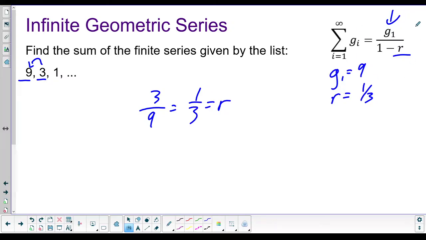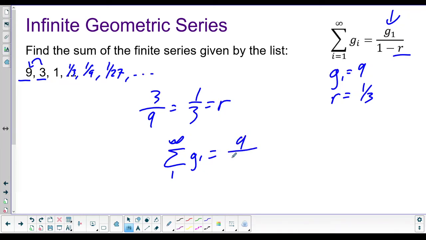Okay. Now we're going to just plug our numbers in. So the sum of all these numbers, in case you're not sure what they are, it's like 1/3, 1/9, 1/27, and so on. So we're going to add an infinite number of these tiny fractions together. Equals 9 divided by 1 minus 1/3.